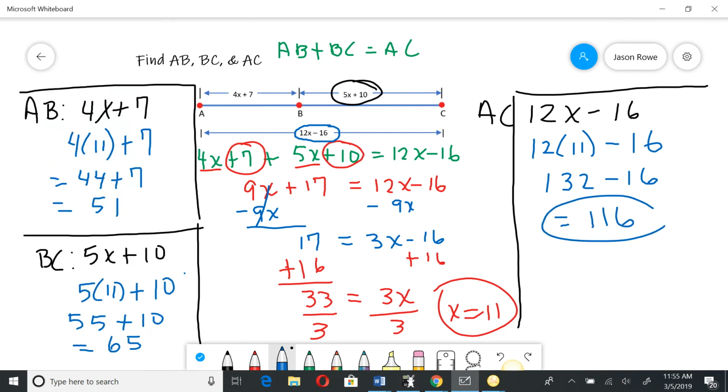So there are my three answers. So there's AB, BC, and AC.